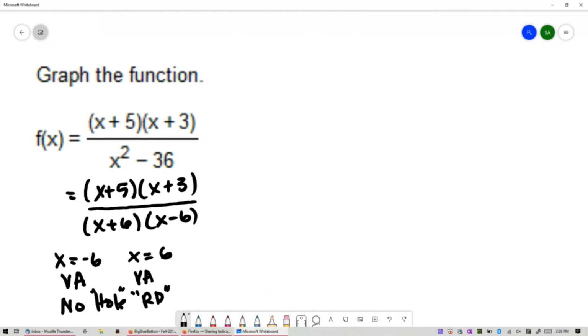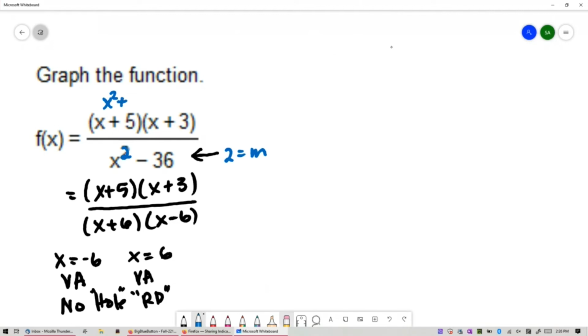So then I'm going to look for horizontal asymptotes. And horizontal asymptotes are found when we pay attention to the degree of the numerator and the degree of the denominator. So the denominator degree is going to be a 2 because that's the highest power on x, and we call that m. In the numerator, we have a function that's factored, but if we were to multiply this out, we would end up getting an x squared.